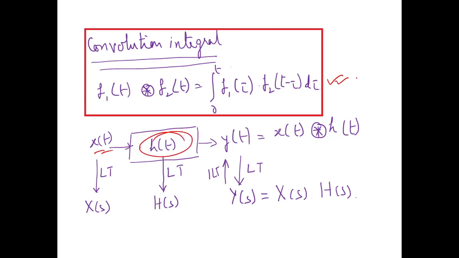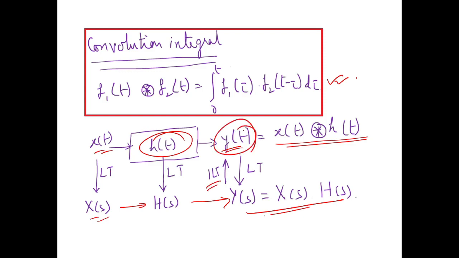If you give an input x of t to h of t, you get y of t, which is equal to x of t convolved with h of t. Otherwise, if you want to do it in the frequency domain, you perform the Laplace transform to get X of s and H of s, then Y of s would be X of s multiplied by H of s, and you perform the inverse Laplace transform to get y.